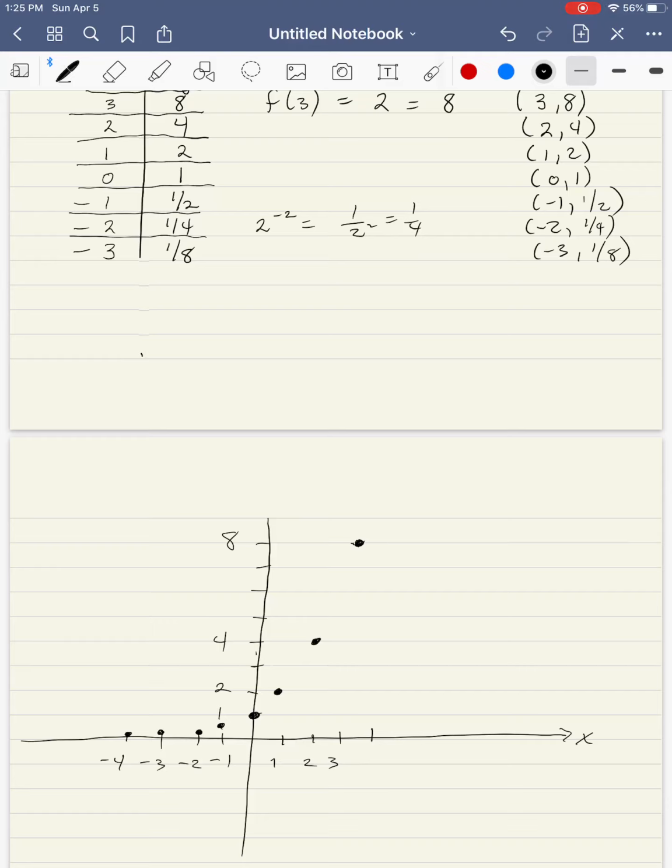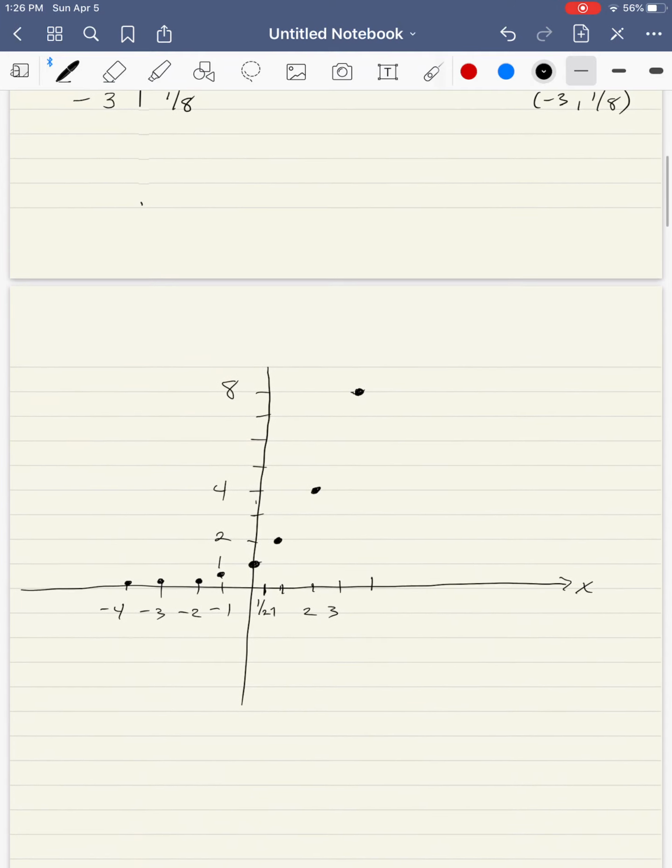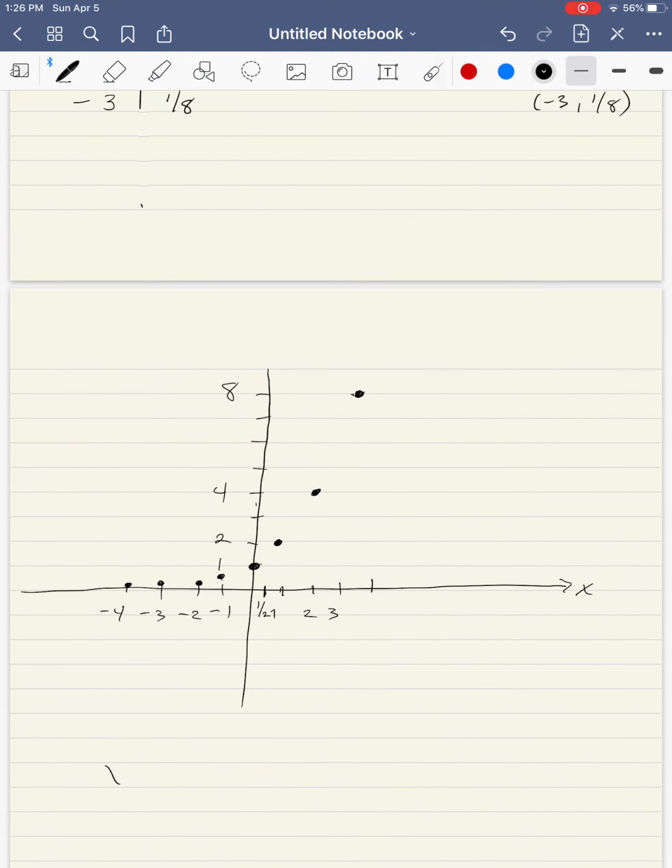But let's think about if we can actually have a point other than in between these ordered pairs. So, for instance, let's say I went out here to 1/2. My base is 2. So can I have 2 to the 1/2 power? In our exponent review, we saw that that was the square root of 2.